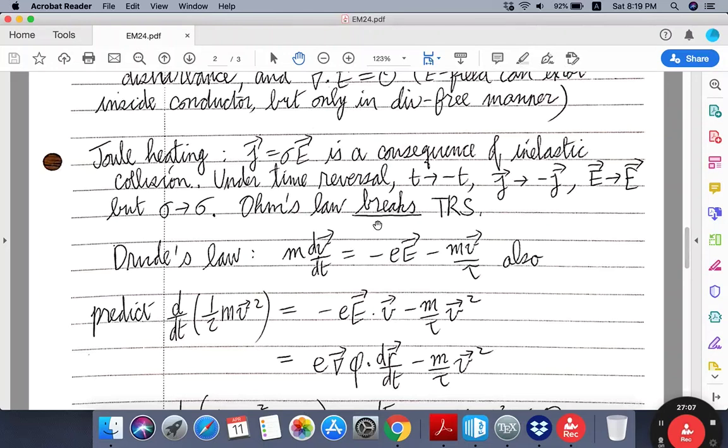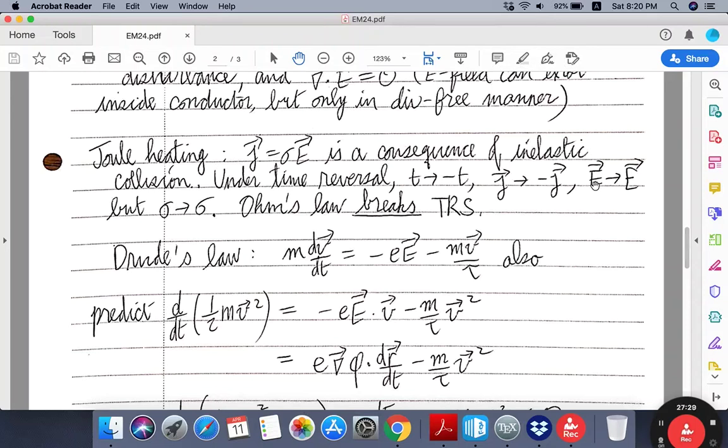time. So when you see a movie running backward, a current that flows in one direction would now seem to flow in the other direction, meaning that the current density vector J would have become a minus J. Okay.